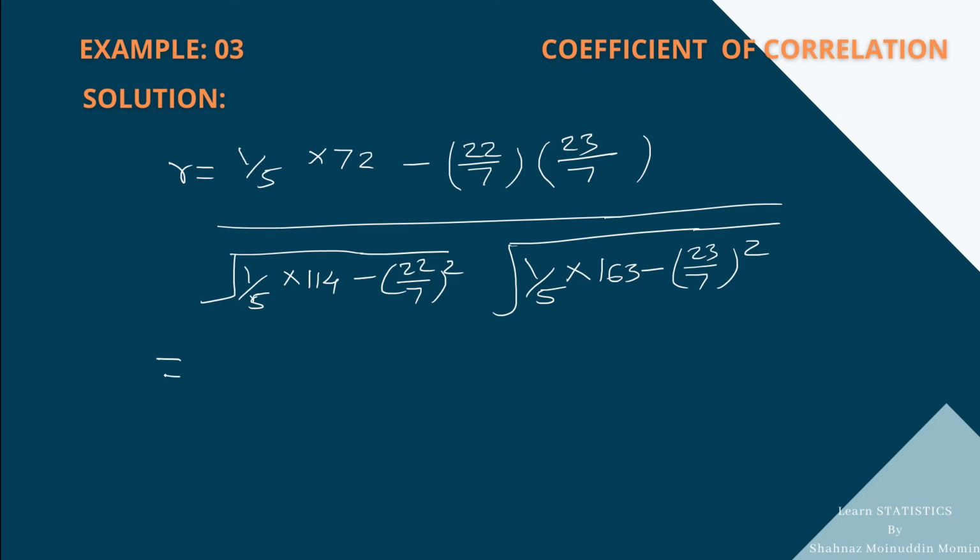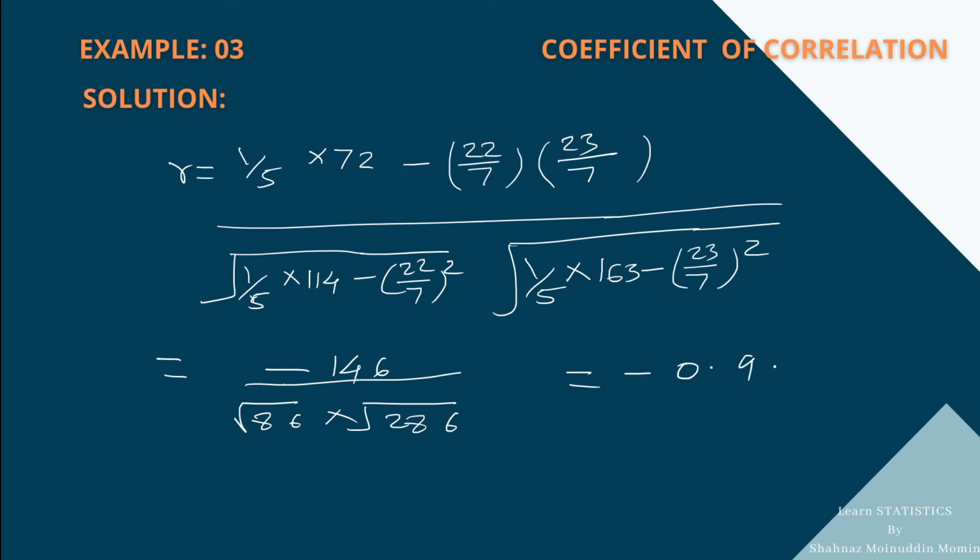After calculating all these terms, we get minus 146 divided by under root 86 into under root 286, which after simplification comes out to be minus 0.9309.